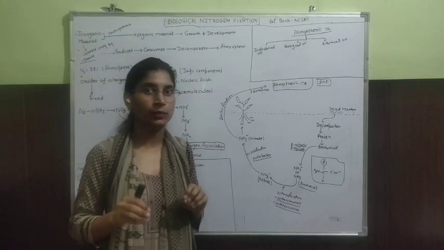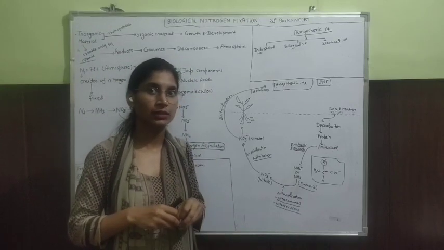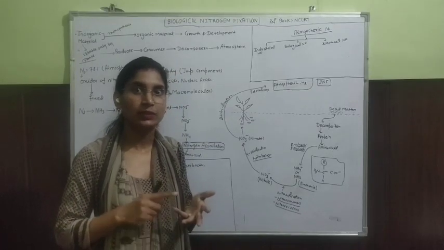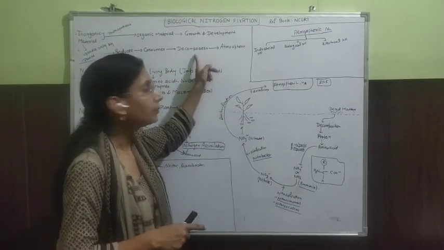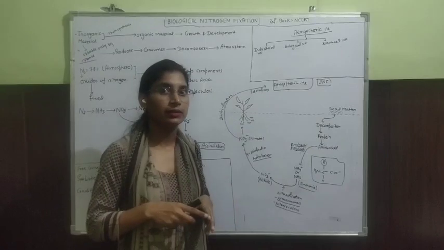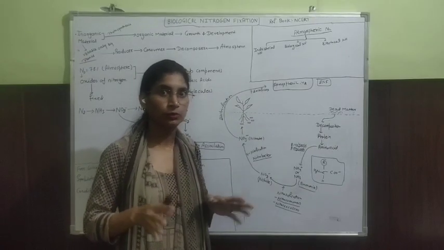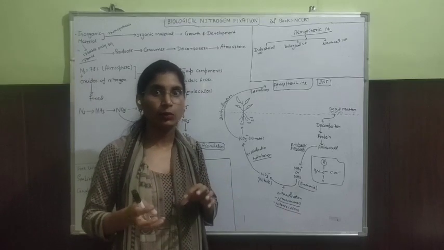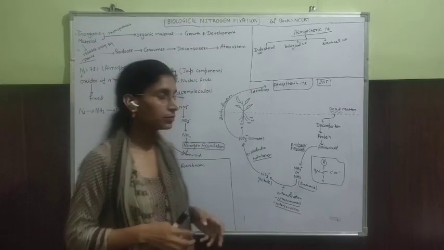Ultimately, after the death of the plant and these consumers, they are decomposed by decomposers, which can be bacteria or fungi, and ultimately these inorganic materials go back into the atmosphere. This is the way the mineral cycles mainly operate.